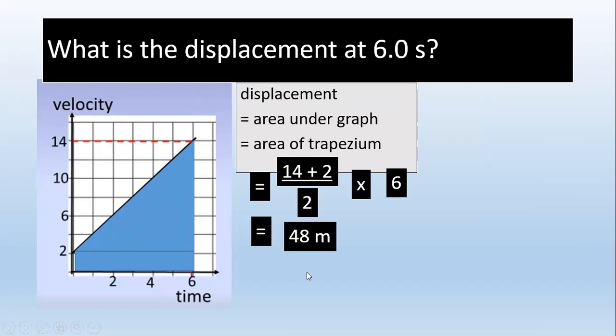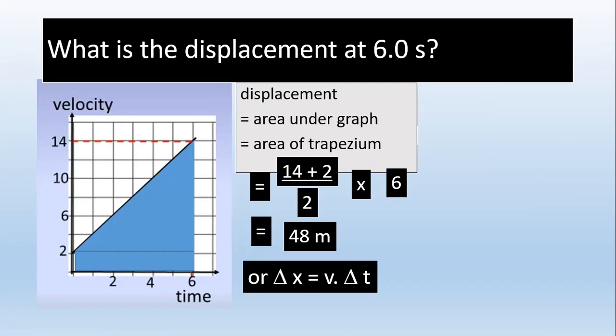So we get 48 meters. So that's the formula to help you remember: displacement from a velocity-time graph is the area under the graph.